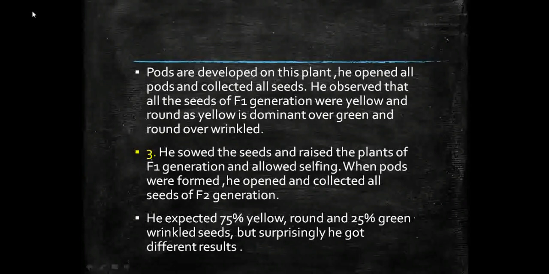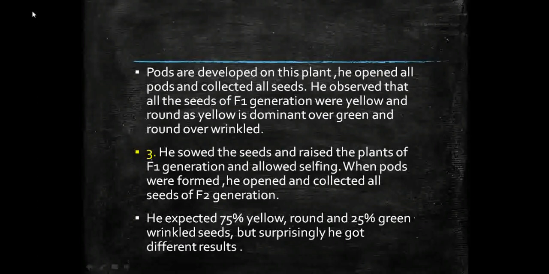Then he observed that in the F1 generation all the seeds were yellow and round, because yellow is dominant over green, and round is dominant over wrinkled, and therefore in the F1 generation the dominant character was seen in all the seeds.